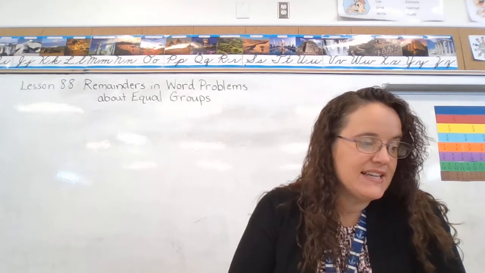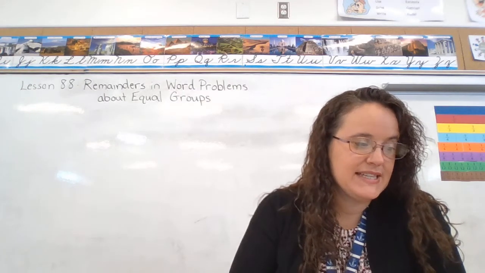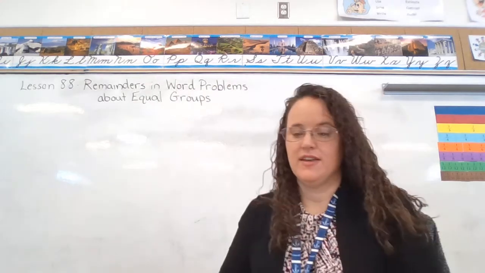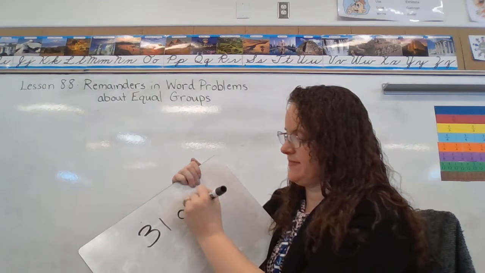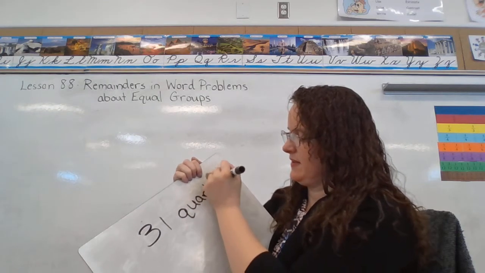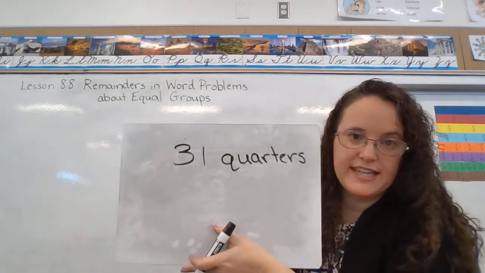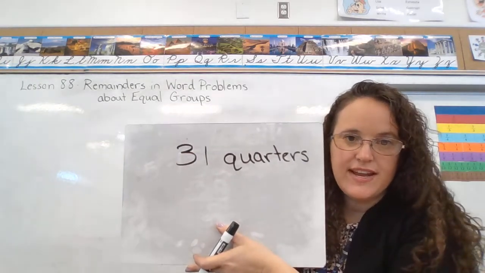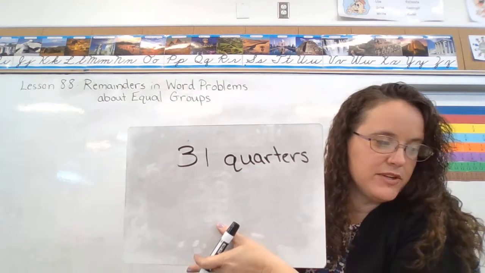Question C says, how many stacks of 4 quarters did he make? Pause here, try to answer that one on your own, and then come back when you're ready to see the answer.